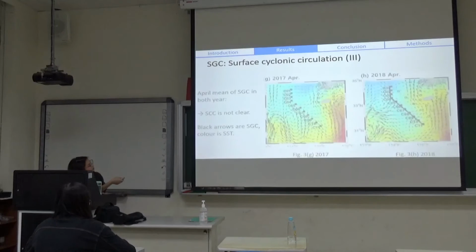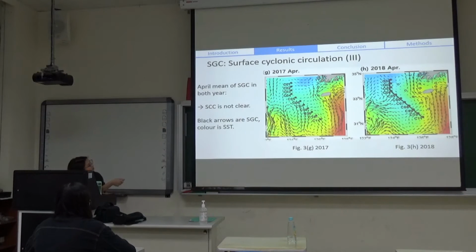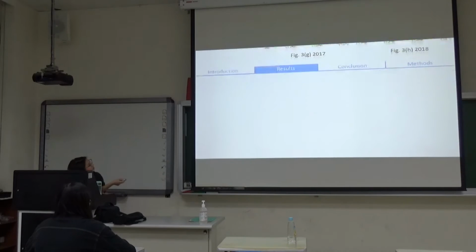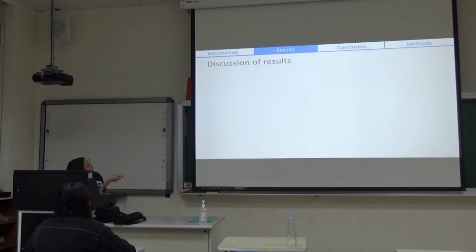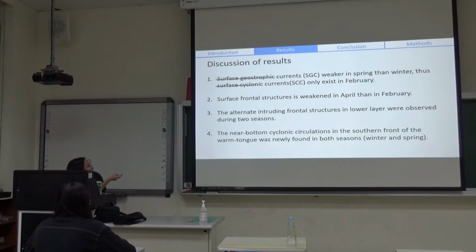These are the April data of SGC, and you also cannot see the circulation here and here. But these two are the February data, and you can clearly find a circulation here and here in both years. So our first discussion is proved.